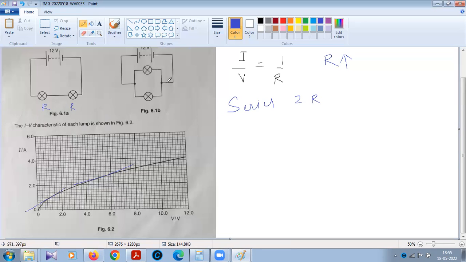In the second case, this is resistance R, this is resistance R, so in parallel it will get reduced. It will become R by 2.